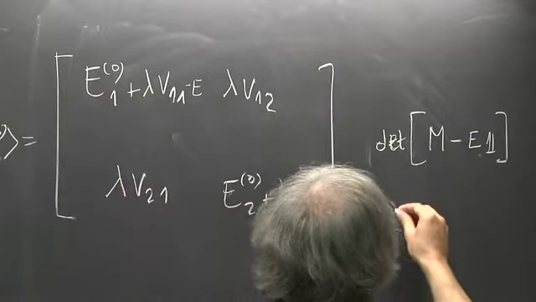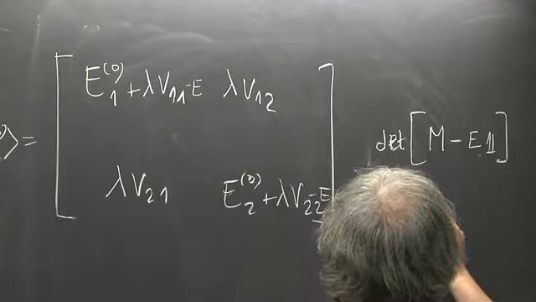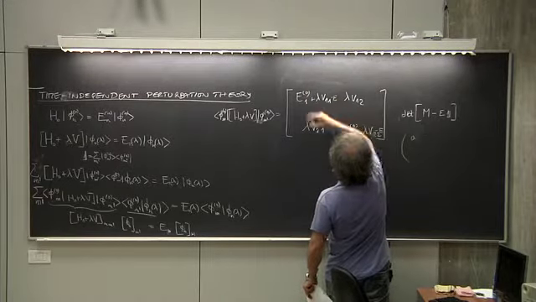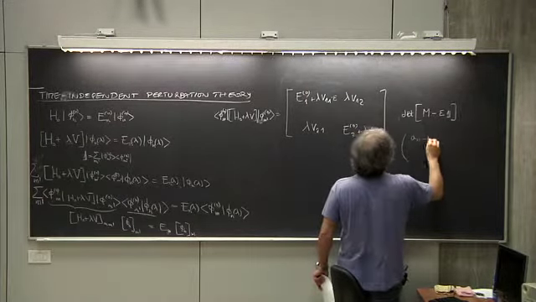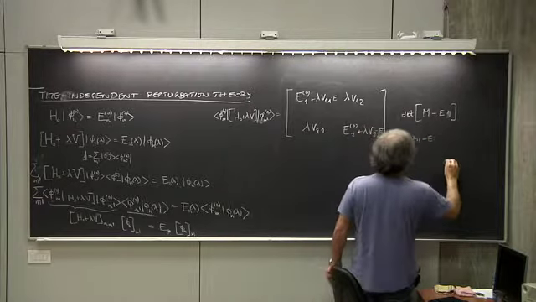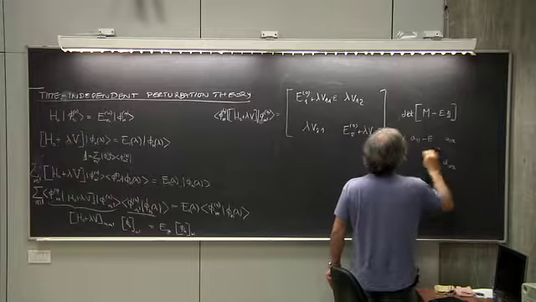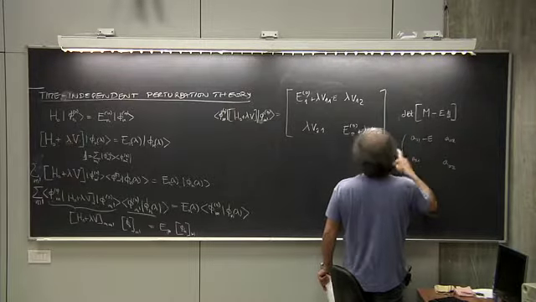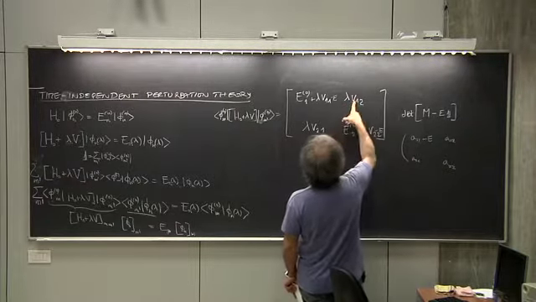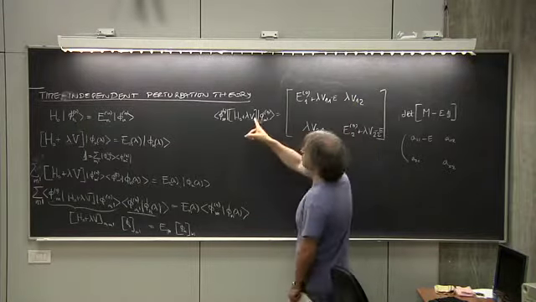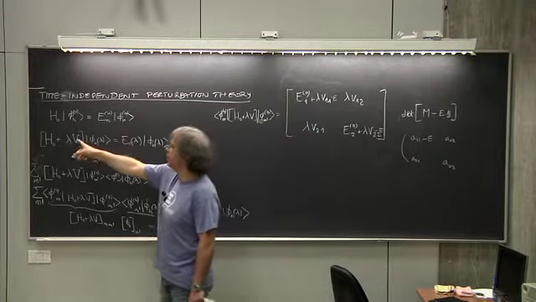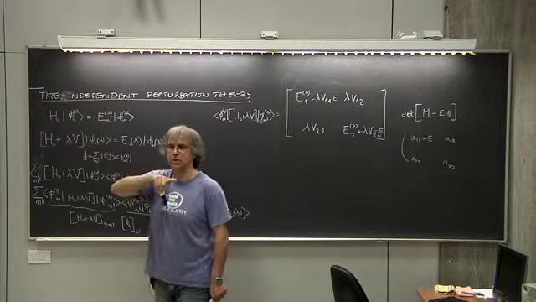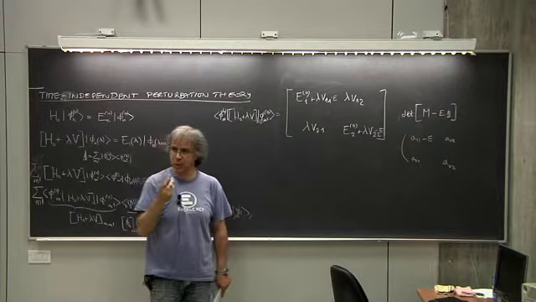Just to simplify, let me call this A11, this is A22, this is A12, and this is A21, which is, by the way, the star of that, because this operator is Hermitian, and therefore the matrix element of the transpose is equal to the star.